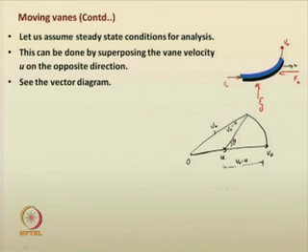Then you can see that V 2 is less than V 0, because here the water with a velocity V 0 is impacting a vane that is moving in the same direction as the flow of water.